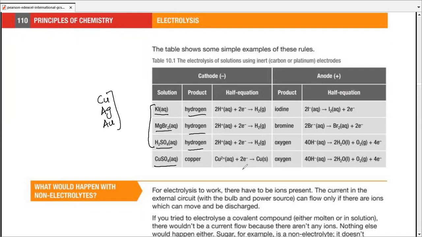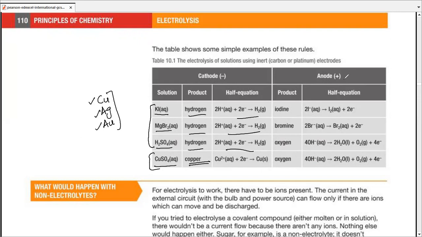So that's the easiest part. Only in case of copper, copper is produced at the cathode. So most of the time, only if it contains these metals, they would be produced at the cathode. Otherwise, the product is every time the same. The reaction is every time the same, and that's hydrogen.